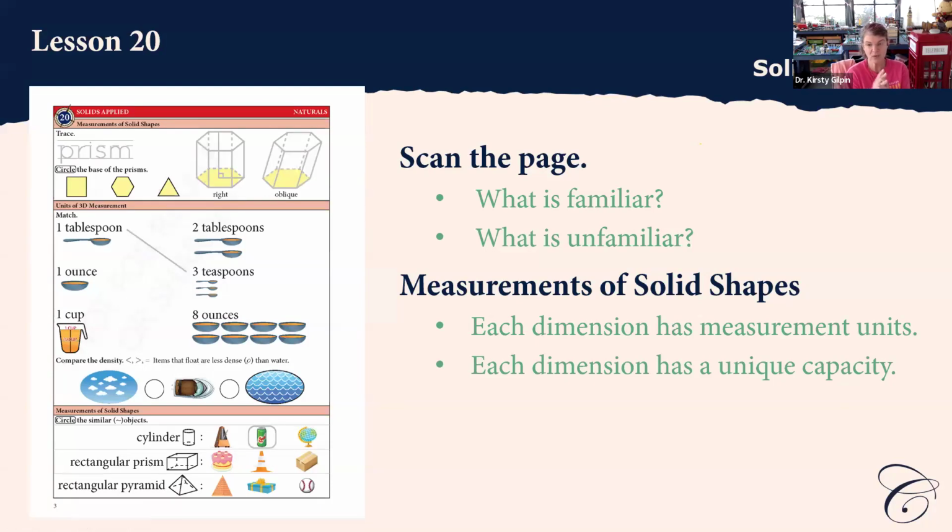In 1D, we measure length. In 2D, we measure area. And so in 3D, now we can measure volume. And we have units that go along with those capacities. This is a great example of units that go along with volume.